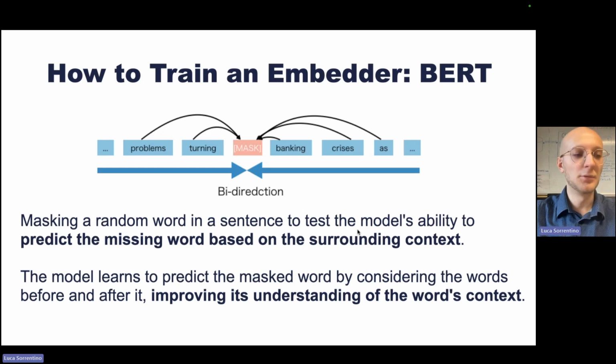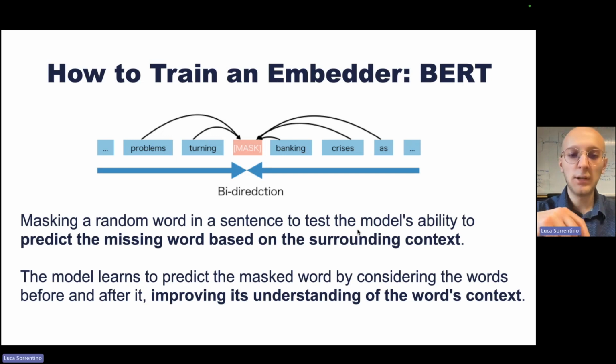So you do not teach the model directly about the semantics, but you can ask the model to solve a simple task that requires a deep knowledge of the language to be solved. The task is pretty naive. You take a sentence, you remove random words from the sentence, and ask the model to infer what the removed words are.